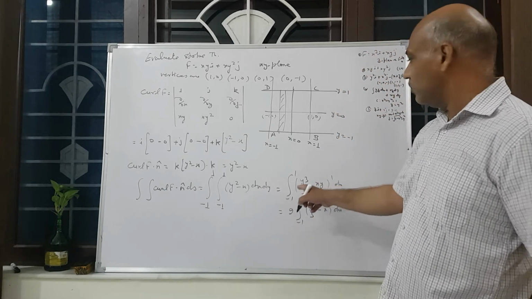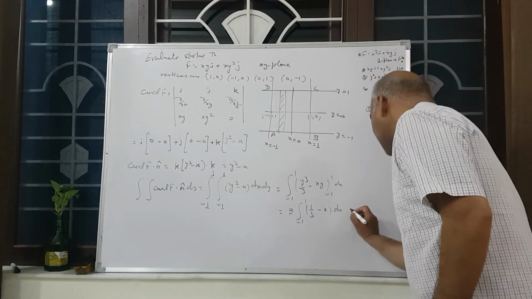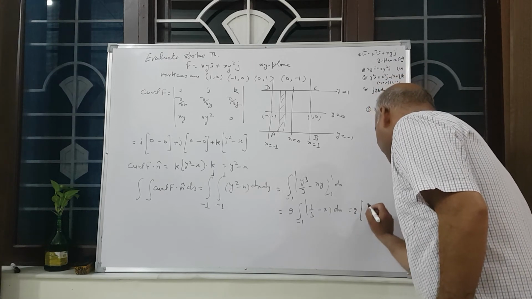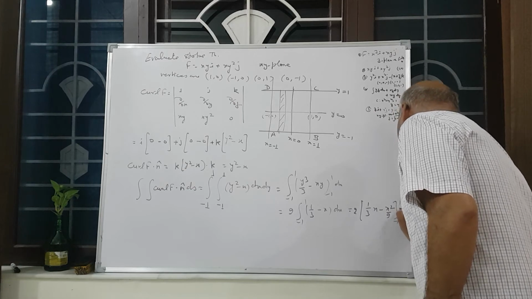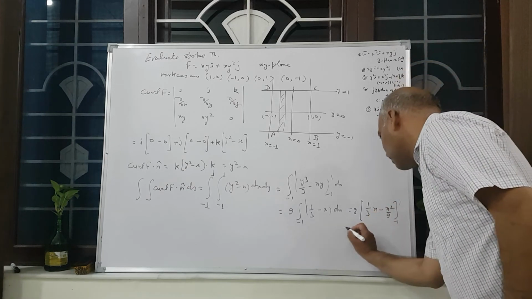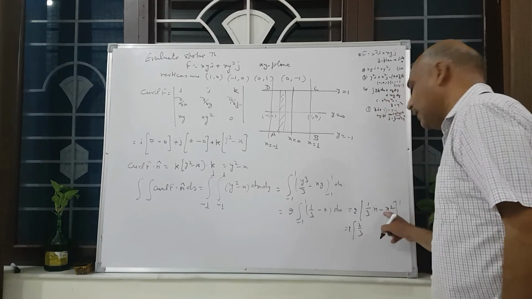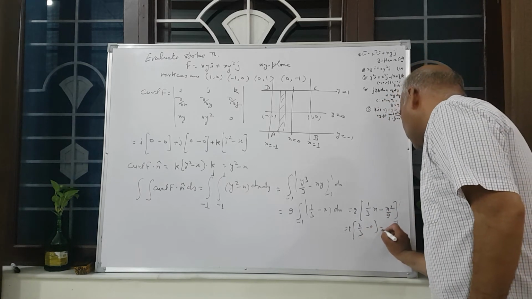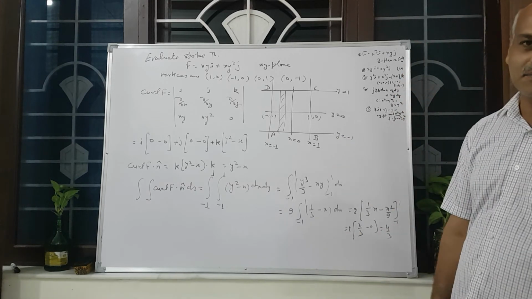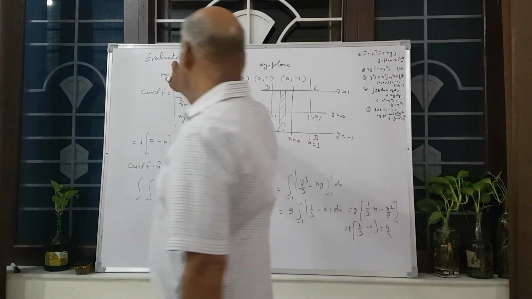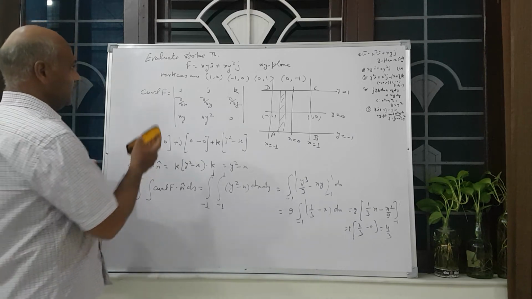So again with respect to x, 2 times, 1 upon 3 x minus x square, minus 1 to 1. So 2, this becomes 2 by 3 and this becomes 0. So this is 4 by 3. So now we have evaluated this. No need to show left-hand side equal to right-hand side.